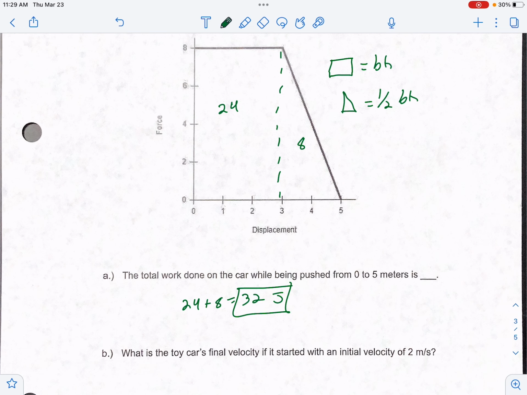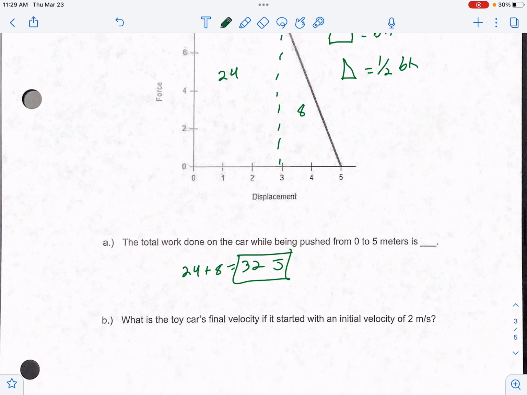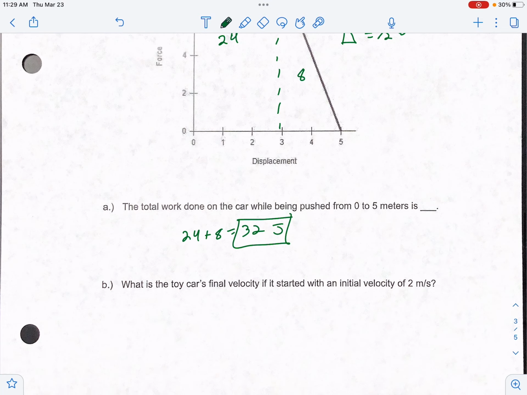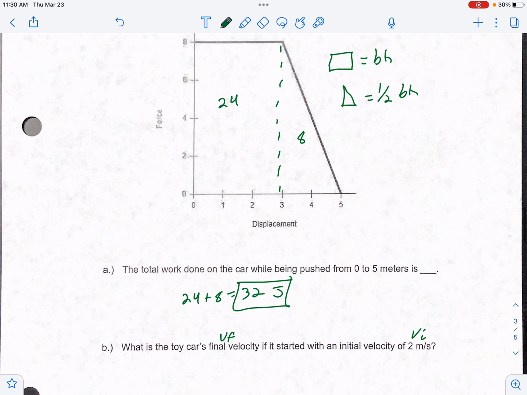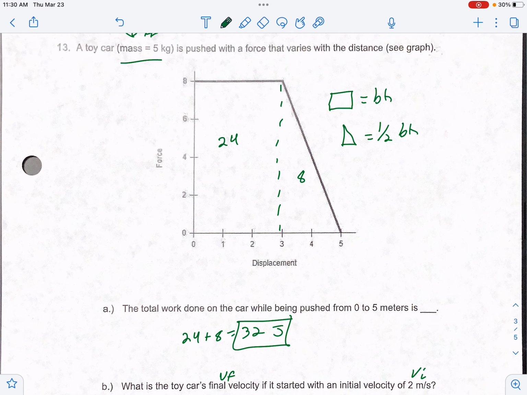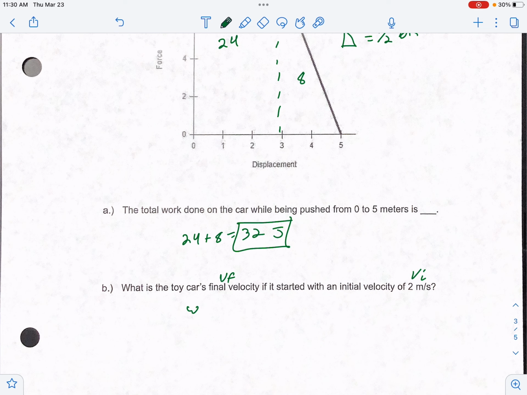Okay, what is the toy car's final velocity if it started with an initial velocity of 2 meters per second? Okay, so I want to know what VF is. I gave you VI. Now remember we solved for work up here, so that is our energy. So remember work equals change in energy, which equals, if I have two velocities, that's our dead giveaway, 1/2 mv final squared minus 1/2 mv initial squared.